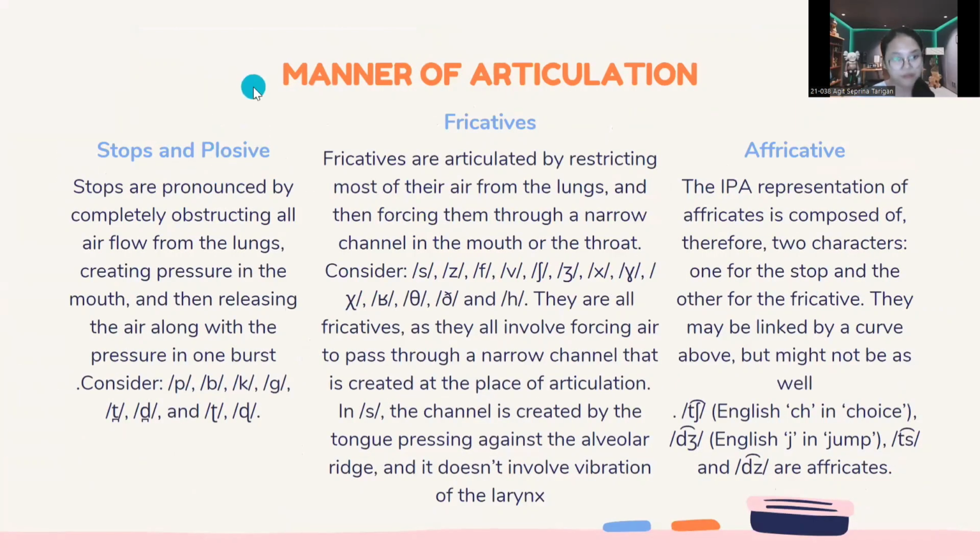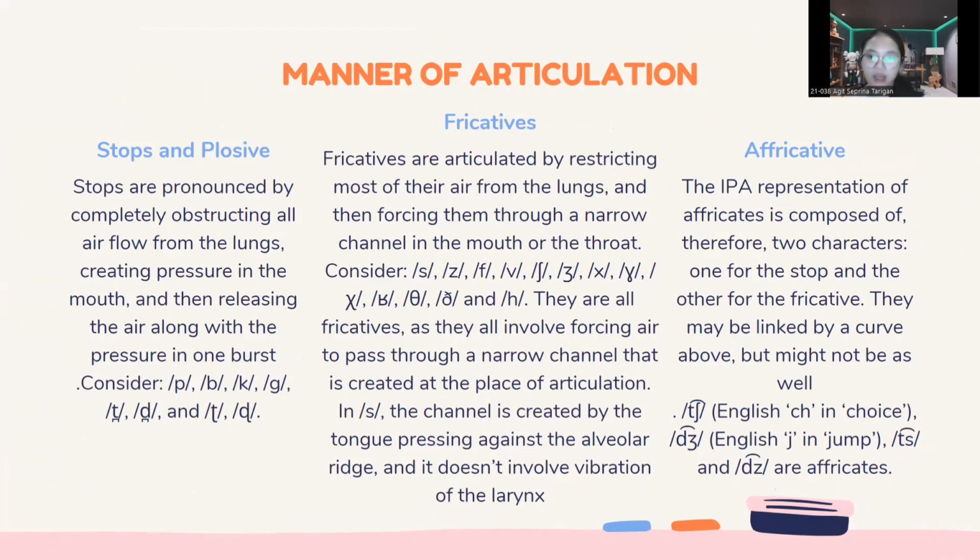Stops and plosives. Stops are pronounced by completely obstructing all airflow from the lungs, creating pressure in the mouth and then releasing the air along with the pressure in one burst. P, t, k, etc. Fricatives. Fricatives are articulated by restricting most of the air from the lungs and then forcing it through a narrow channel in the mouth or the throat.